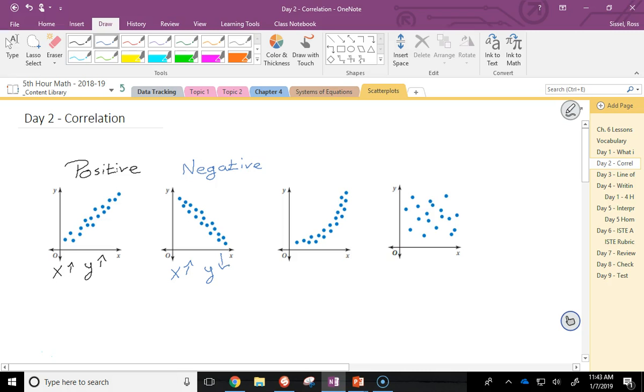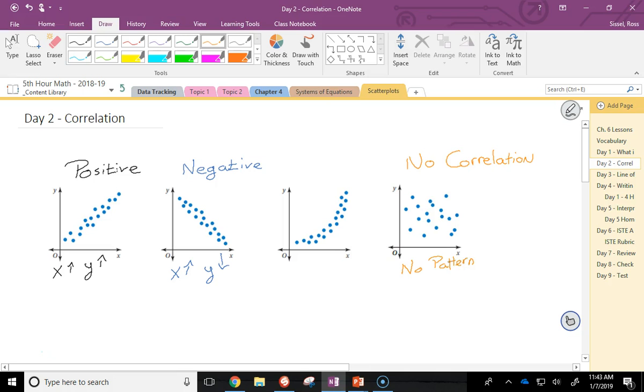So right now we're going to say no correlation. When we have no correlation, it means whatever two pieces of data we are looking at do not relate to each other. One does not affect the other. There is no pattern.